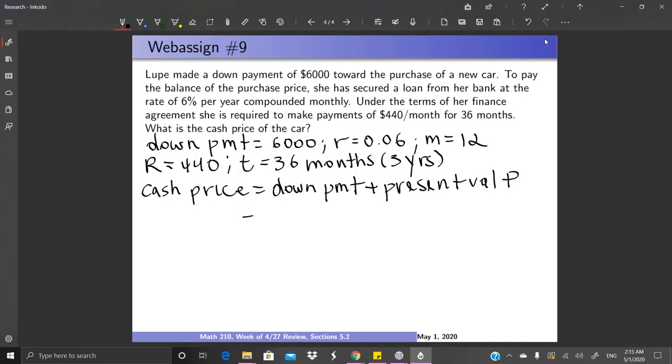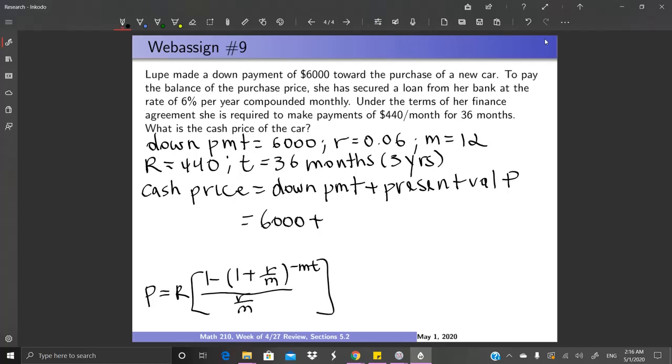So that's equal to the down payment, which we know is $6,000, plus now we need to set up the present value P of the equation. Remember, P is equal to R times 1 minus 1 plus R over M to the power of minus mt, and then everything gets divided by R over M.